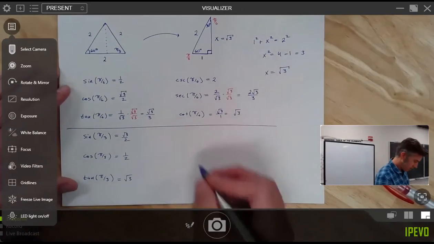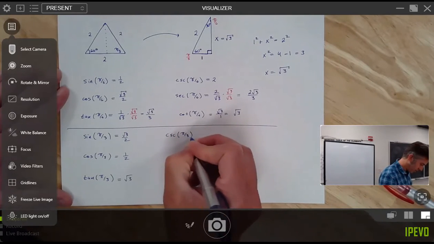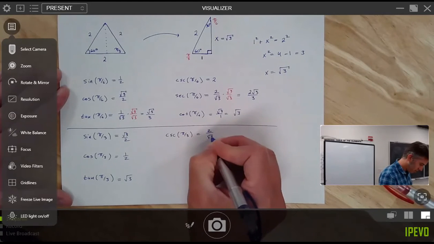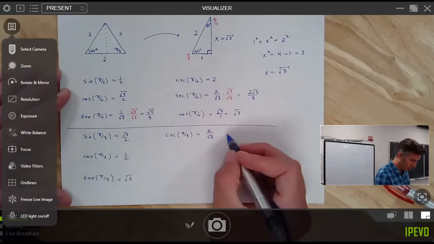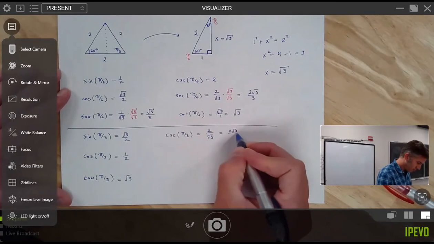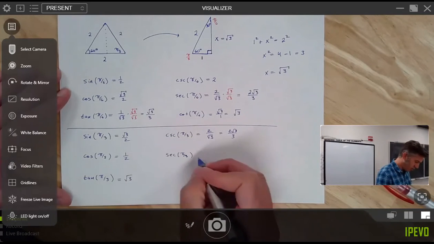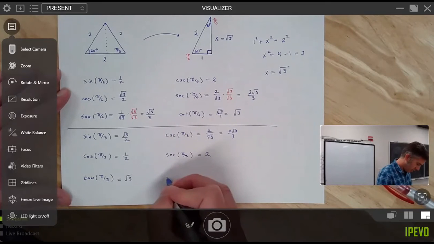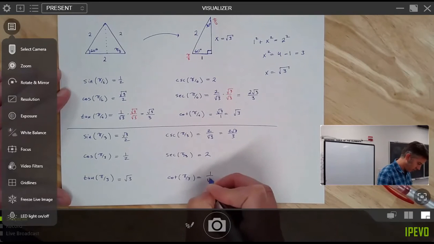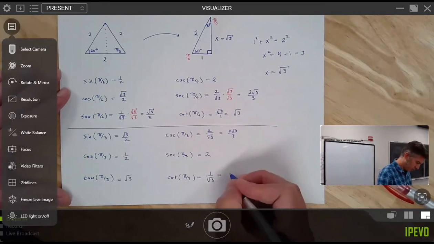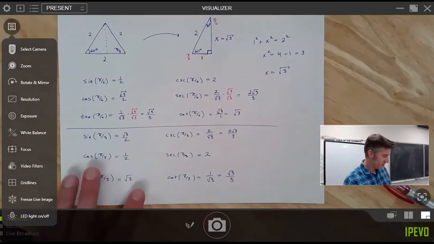And then the other three reciprocal functions: cosecant of pi over 3 is going to be 2/√3, and we already know how that rationalizes. 2/√3 is the same as 2√3/3. Secant of pi over 3 is going to be 2/1, which is just 2. And cotangent of pi over 3 is going to be 1/√3, which rationalizes to √3/3.